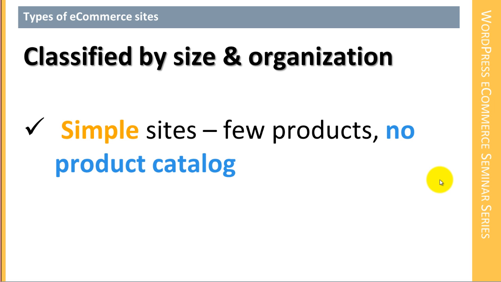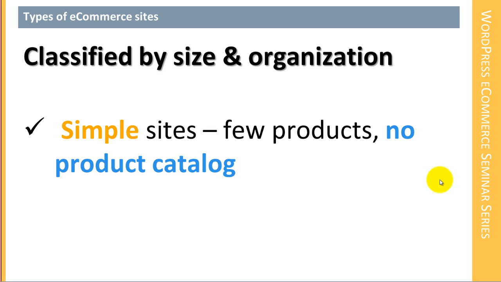And I suppose you can think of that maybe as a site that has maybe 1 to 10 products. It's not going to use product categories. You're not going to browse products by going to a catalog page. You're not going to sort products or search for products, because there's just a handful of products.